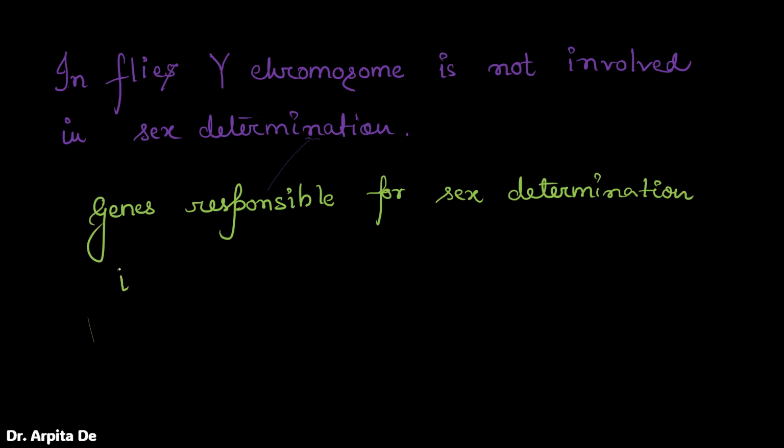What are they? One is Sex lethal. This gene needs to be inactivated in male. This is the master gene, okay? This needs to be inactivated for females to develop.